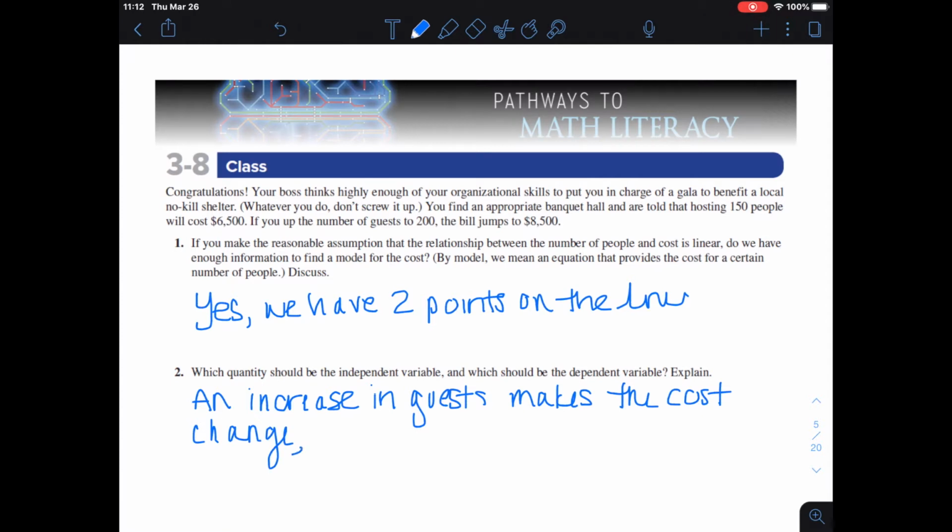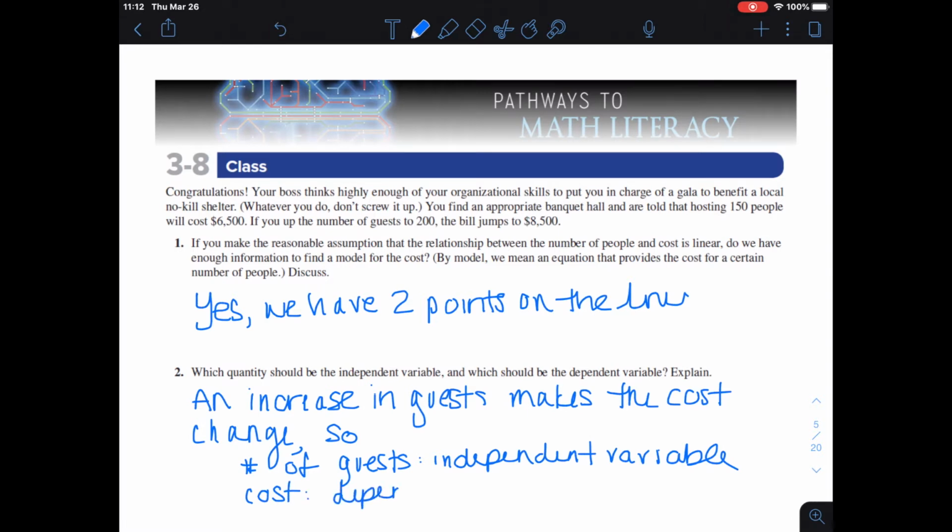So the number of guests is our independent variable, and the cost is our dependent variable. When we go to create the equation of the line, this will tell us what we should have on each side of the equation. So the cost will be the output, and you'll input the number of guests.